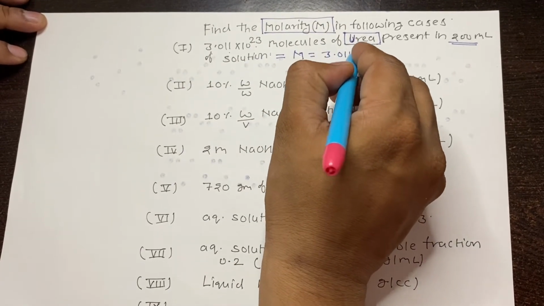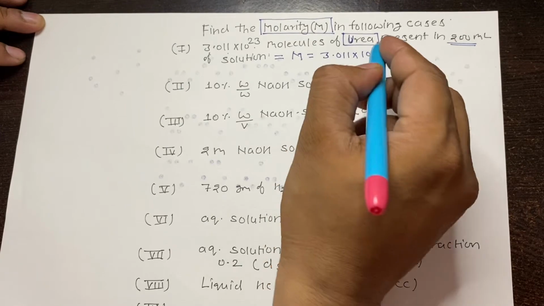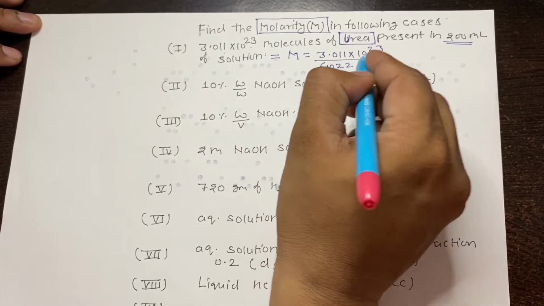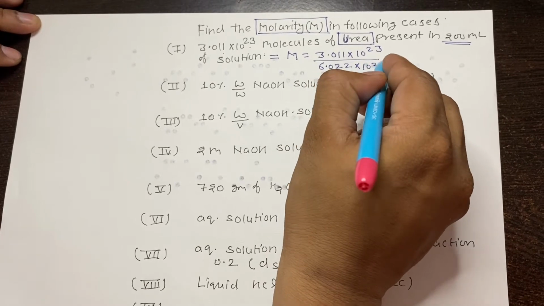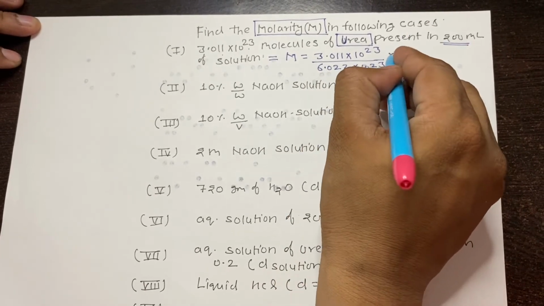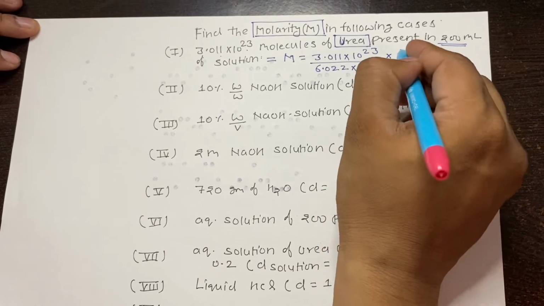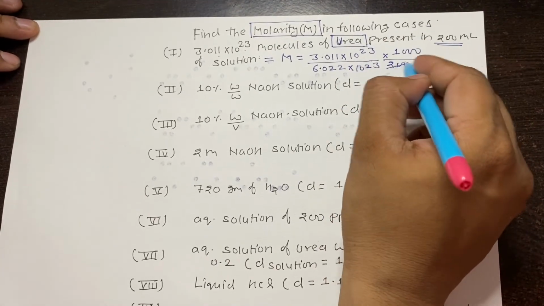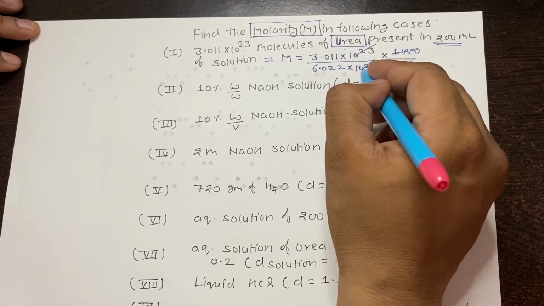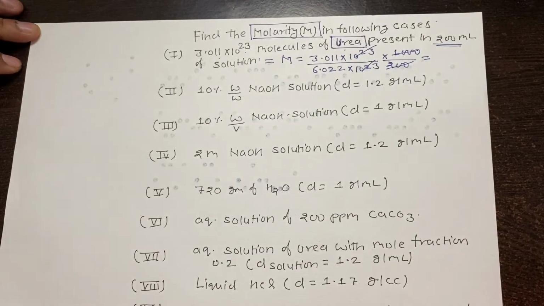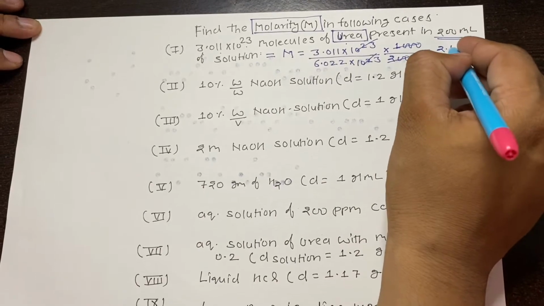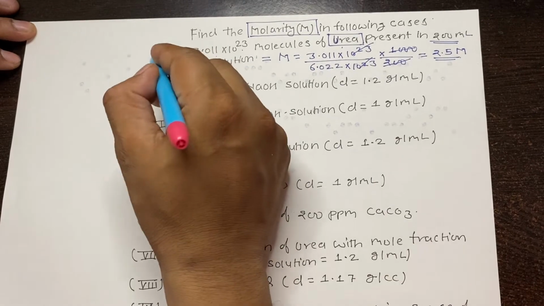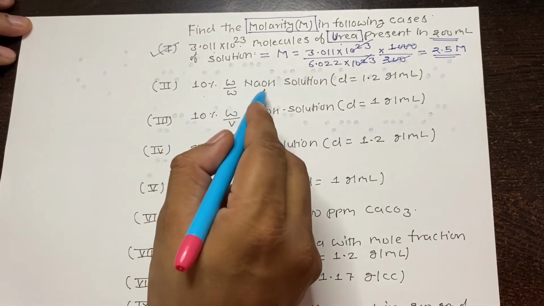So moles of urea will be 3.011 into 10 to the power 23 divided by 6.022 into 10 to the power 23. This is the moles of urea, and this should be present in 1000 ml of solution. On solving this, you will get 2.5 M.